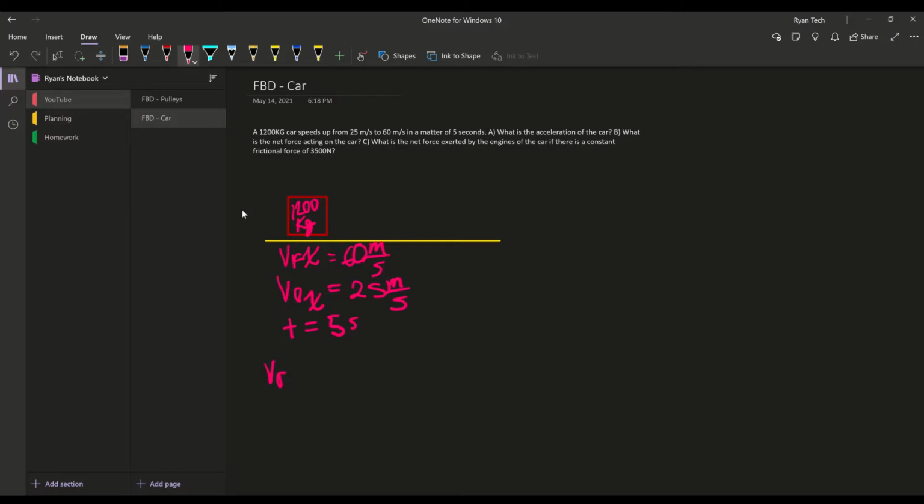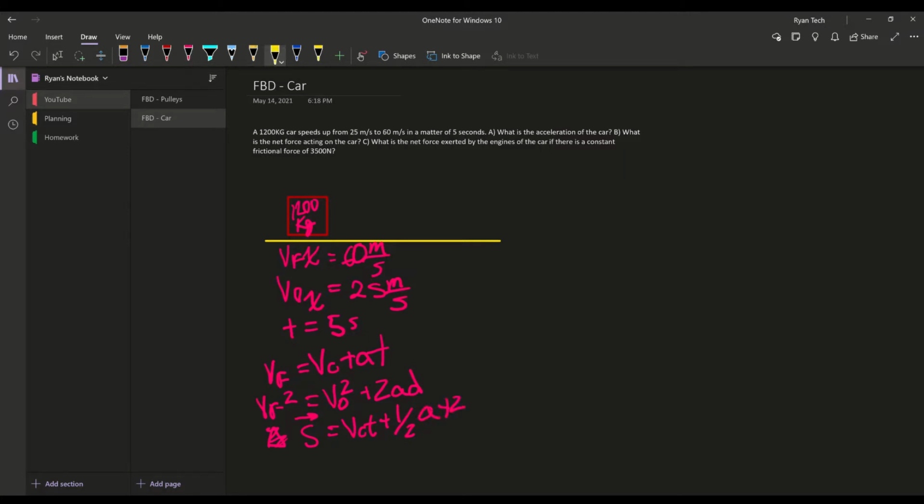We have V final is equal to V initial plus acceleration times time. We also have V final squared is equal to V initial squared plus 2AD. We also have delta Y, or we could say distance, is equal to V initial t plus 1/2 AT squared.